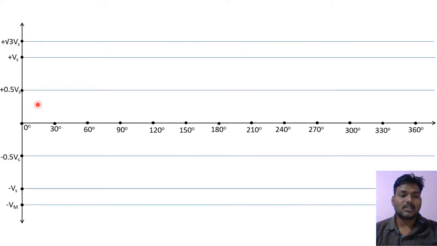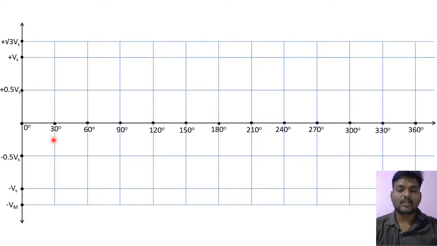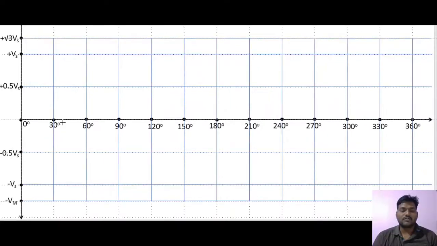Similarly for the vertical lines, at each and every dot, you draw a line parallel to the vertical lines like this. Clear? So this is already available in your graph sheet. If you don't have a graph sheet, you have only a white sheet, then you can follow this.